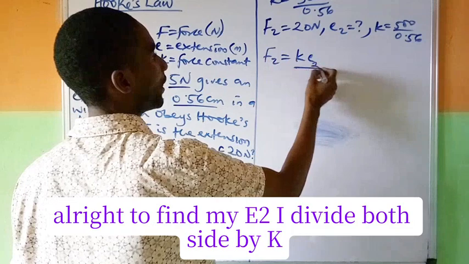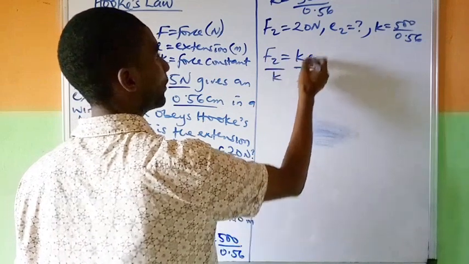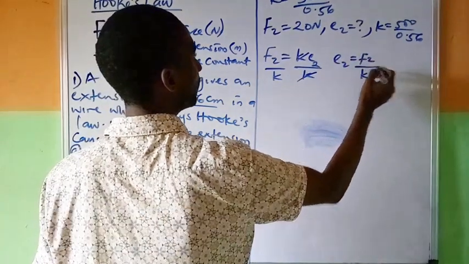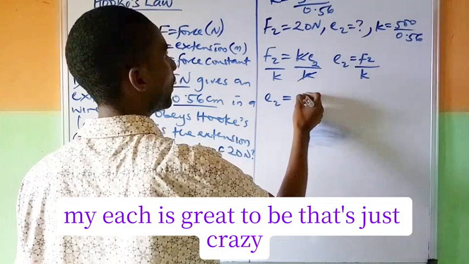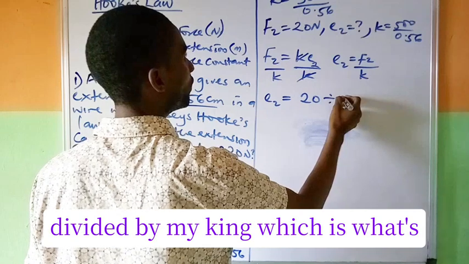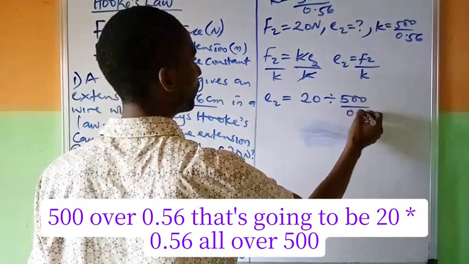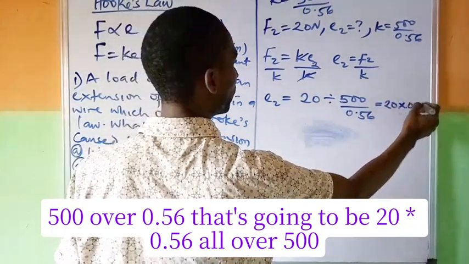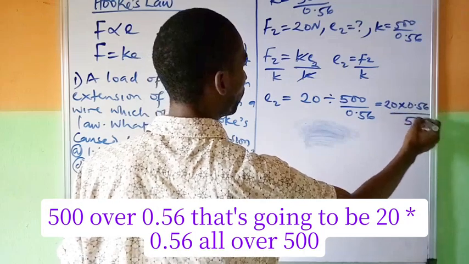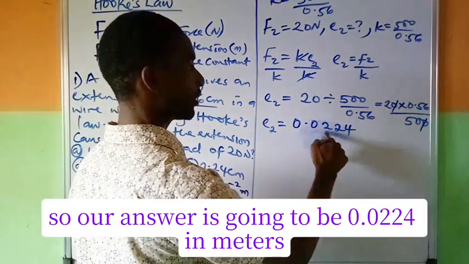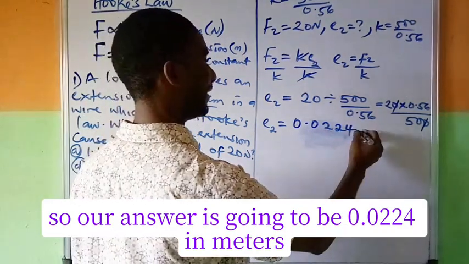To find E2, I divide both sides by K, so E2 is F2 over K. F2 is 20 divided by 500 over 0.56, which is 20 times 0.56 all over 500. So our answer is 0.0224 in meters.